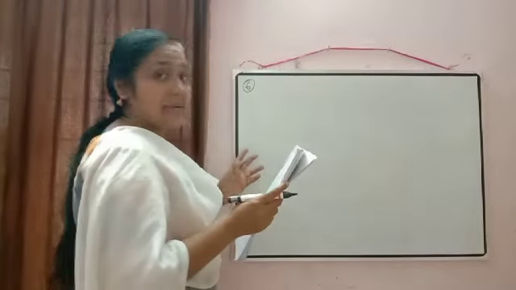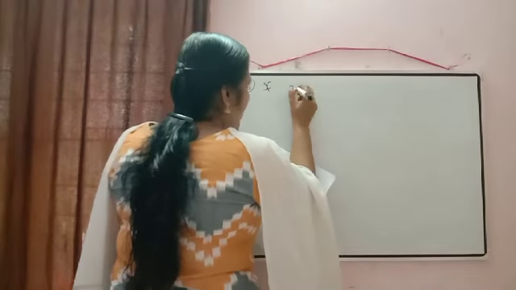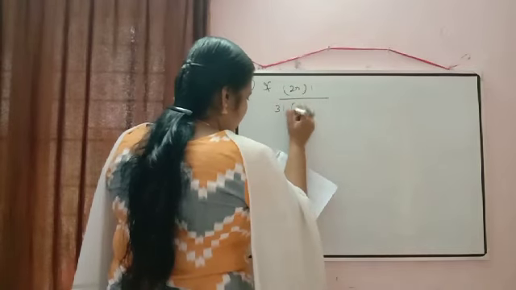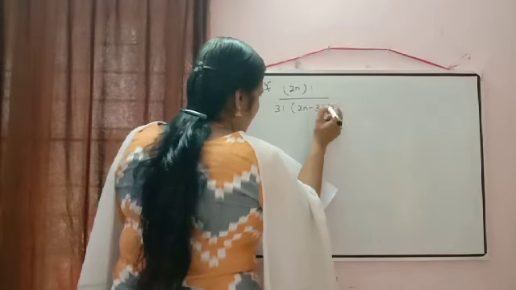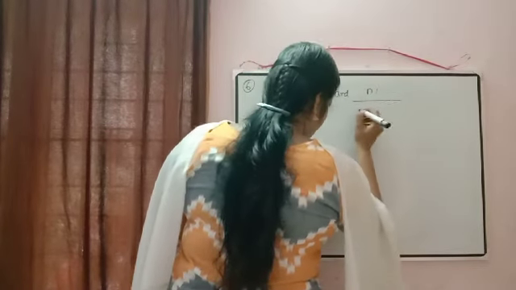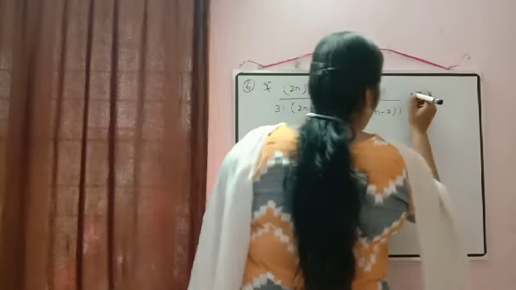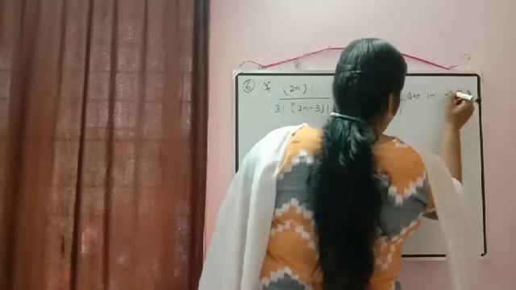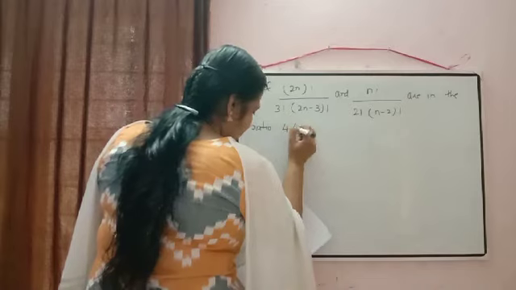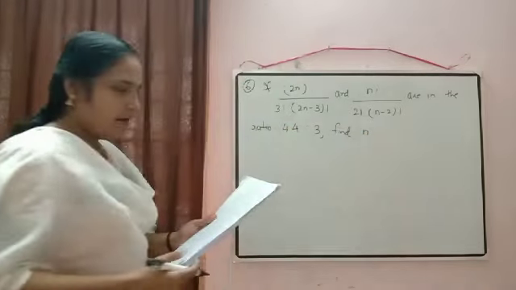Next question, question number 6. Write down the question. If 2n factorial by 3 factorial into 2n minus 3 factorial and n factorial by 2 factorial into n minus 2 factorial are in the ratio 44:3, find n.